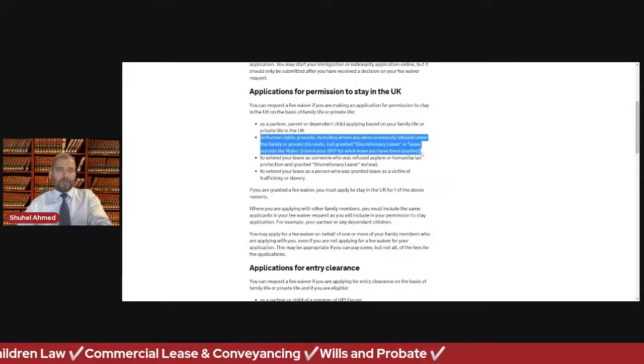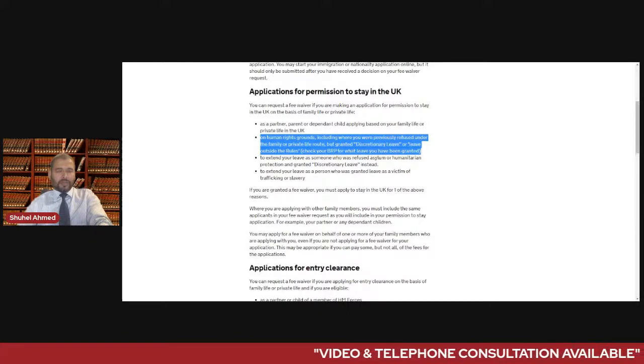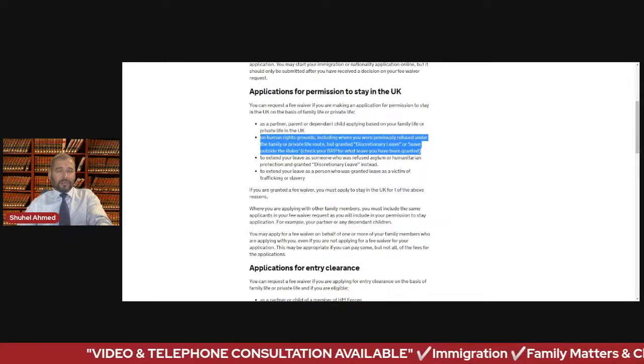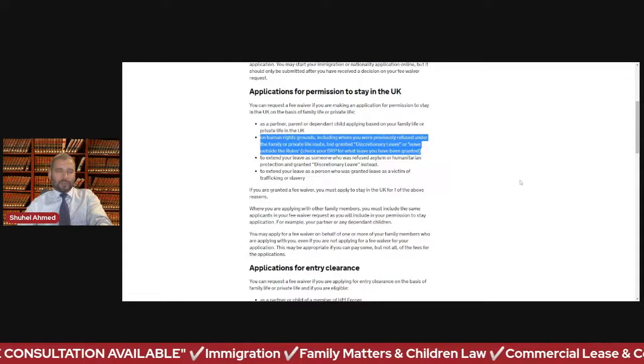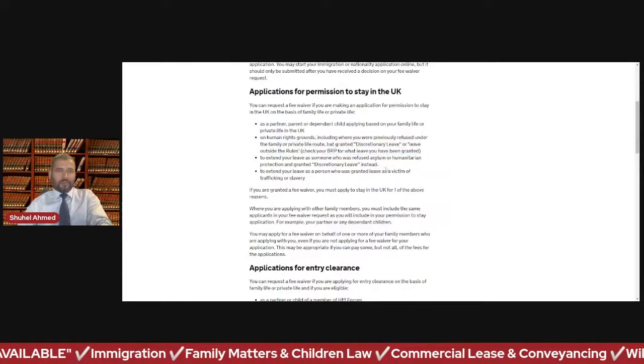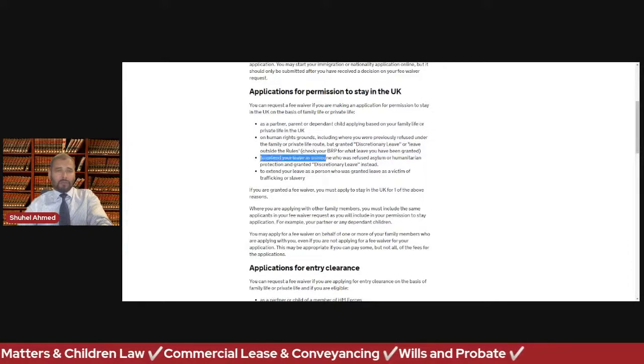Now, one of the important advantages of a fee waiver is, if your fee waiver is granted by the Home Office and your application is successful, then you will get access to public funds as well. So you will be able to claim benefits, universal credit, housing from the local authority.